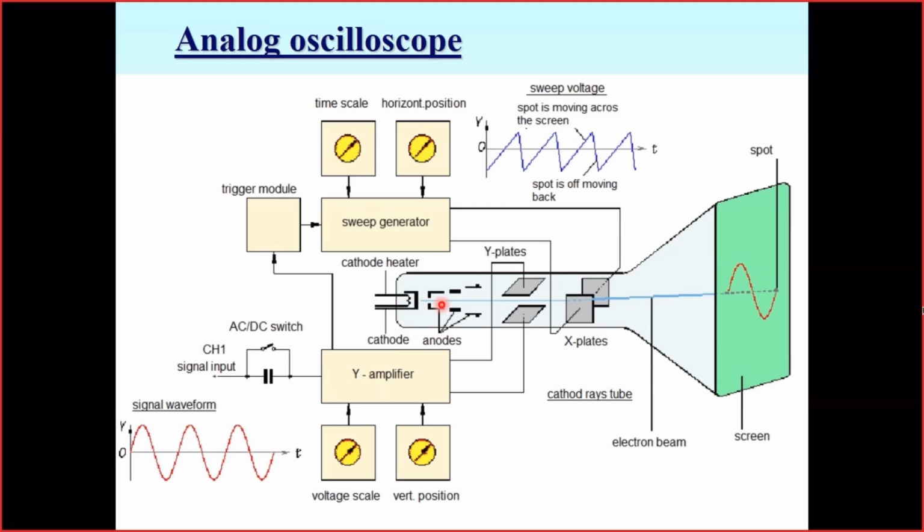These anodes have a particular shape, like concentric rings placed on the way of the beam, and they work as a so-called electron lens. It focuses all the electrons together and shapes a narrow beam.